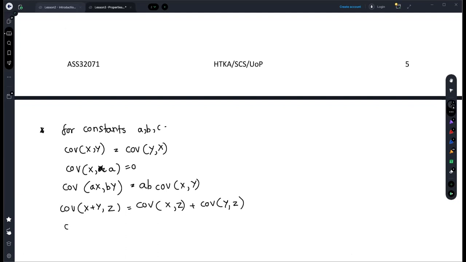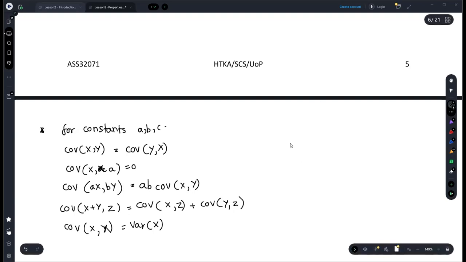And if you have the covariance of the same variable, what do you get? You get the variance of X, right? So by applying these properties here and there, you can check the third condition, right? Okay, so try it by yourself, and see whether you can figure it out.